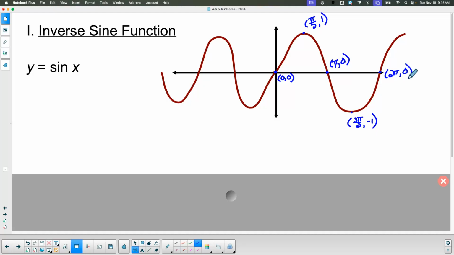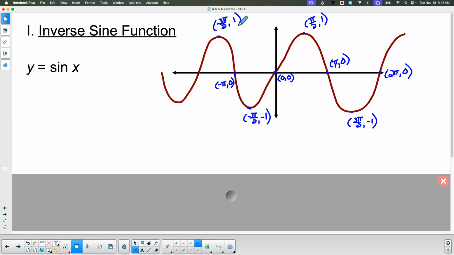If we're going back the other way, negative pi over 2, comma, -1. Negative pi, comma, 0. And so on and so forth. I think this is all of it, though. Okay.